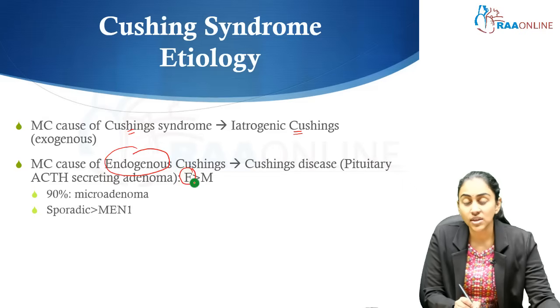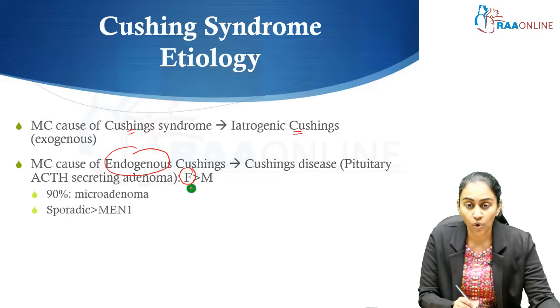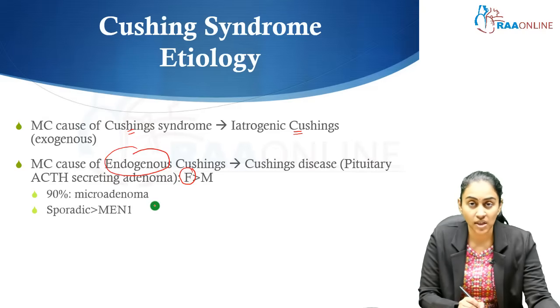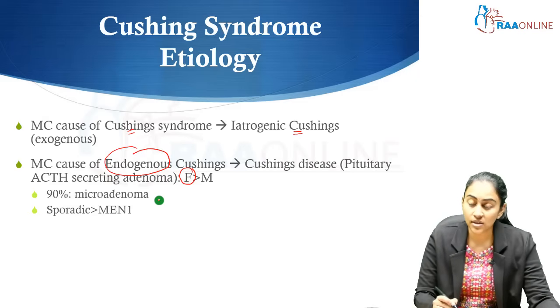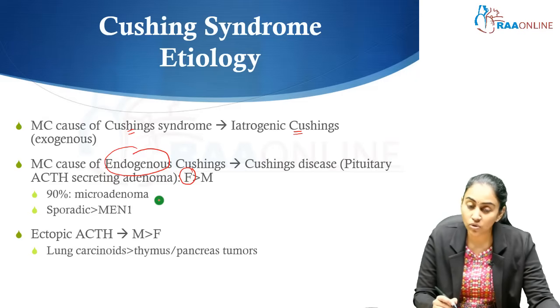Now, pituitary Cushing's is seen in females more commonly than in males, and whenever it does occur, it is a microadenoma, and it occurs more commonly in a sporadic fashion than when it is associated with genetic syndromes like MEN1. We've discussed Cushing's disease, pituitary corticotrope adenoma, in detail in our discussion on the pituitary gland, so I'm not going to go into that in detail.